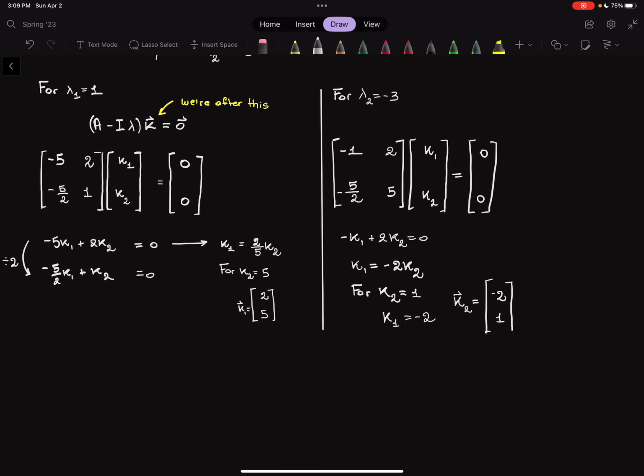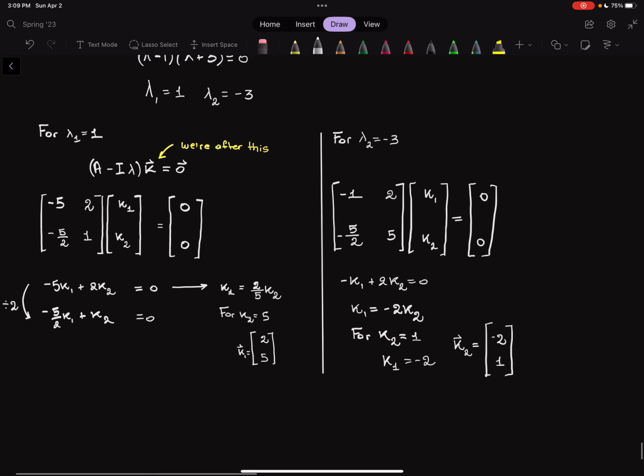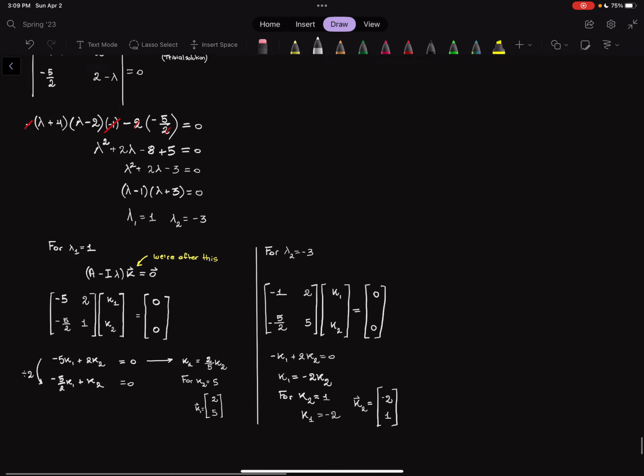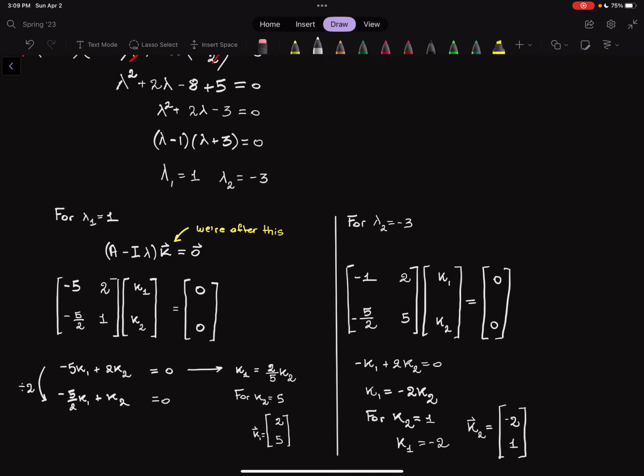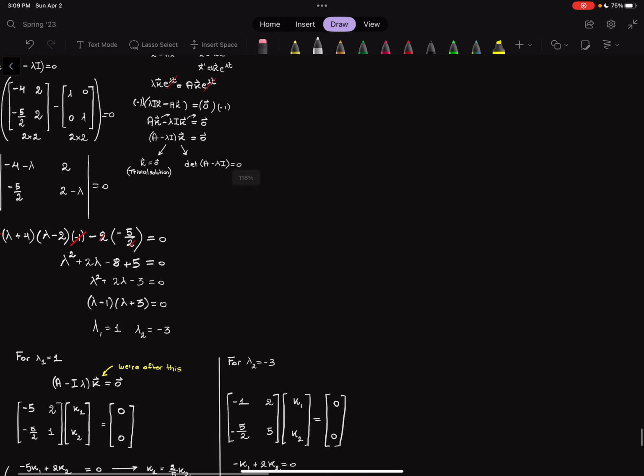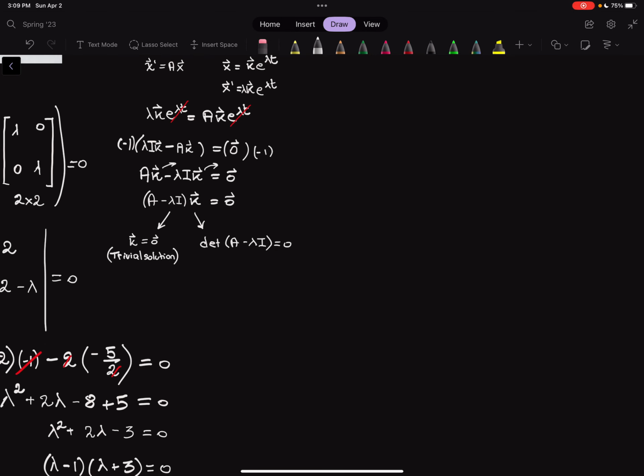Now remember what we just did. We found the eigenvalues, which are the values for this guy right here, the value that goes in here, because we saw that this can be a solution if this is true, and we just made this true. So we found these lambdas right here, and we found the vector that corresponds to the lambda.